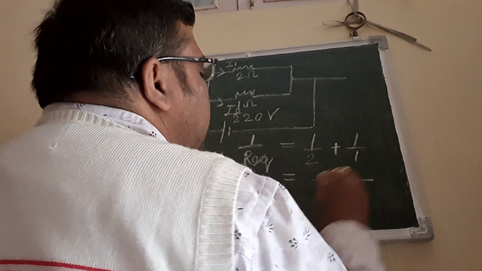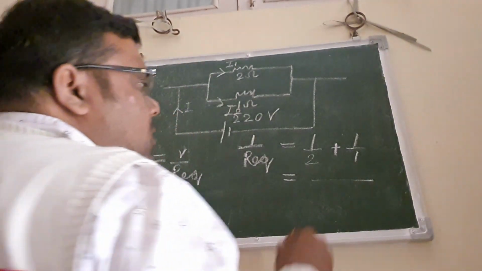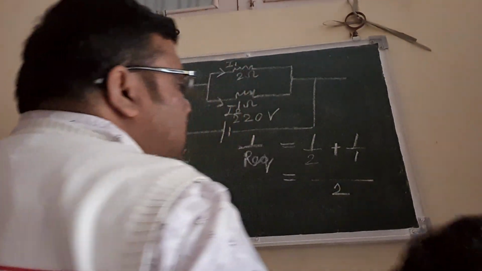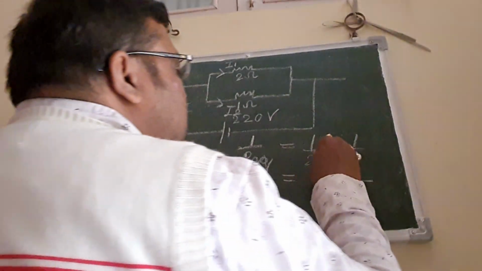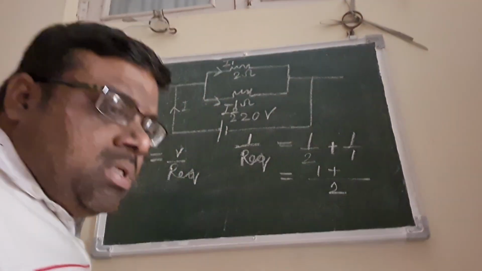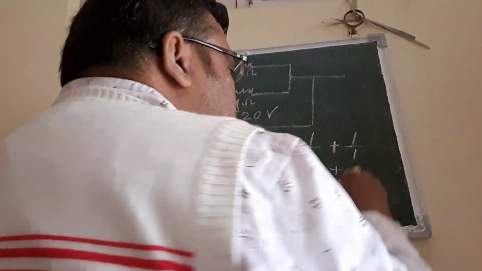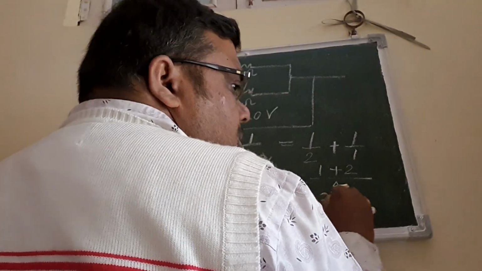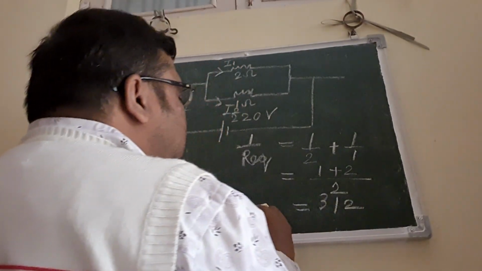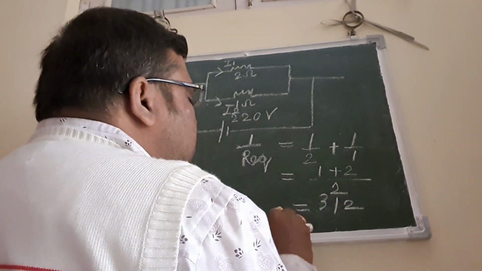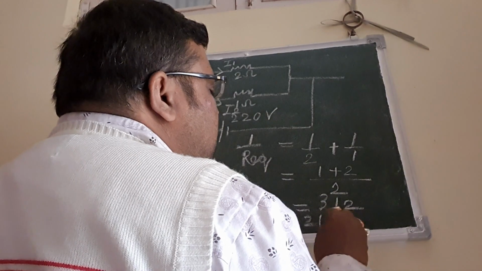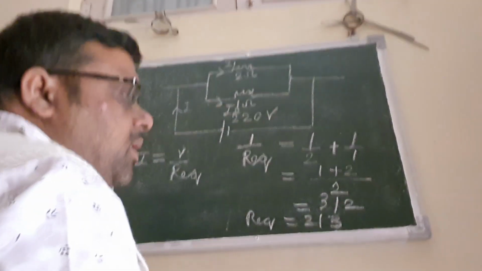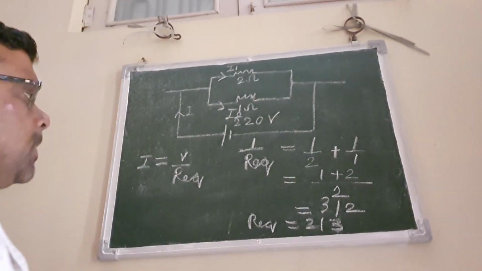The LCM will be 2, so it will be 1 plus 2, which is 3 by 2. So the equivalent resistance is 2 upon 3.